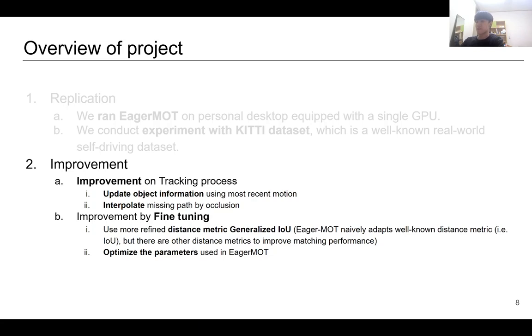And we interpolate missing objects and smooth object paths. Then, for fine-tuning, we changed the matching metric from IoU to GIoU. And we fine-tuned some detailed parameters for the gamma filter and matching.